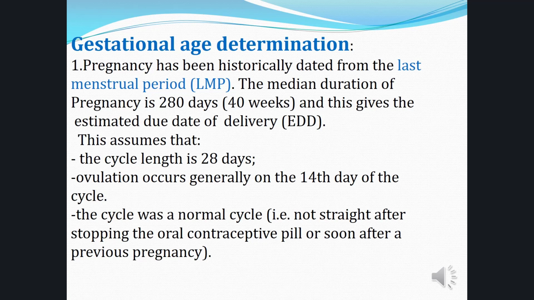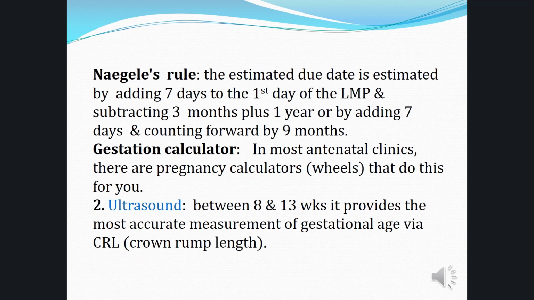Naegele's rule: the estimated due date is calculated by adding 7 days to the first day of the last menstrual period, and subtracting 3 months plus 1 year, or by adding 7 days and counting forward by 9 months. A gestation calculator is in most antenatal clinics. There are pregnancy calculator wheels that do this for you.